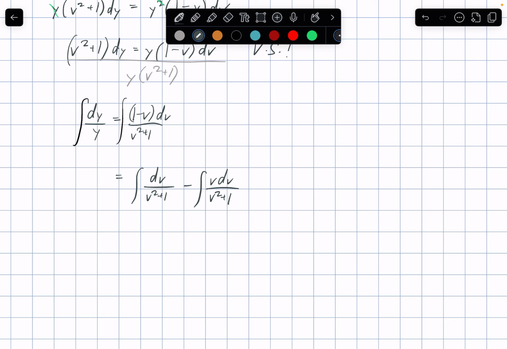So partial fraction decomposition for this one, no? So 1 over v squared plus 1.